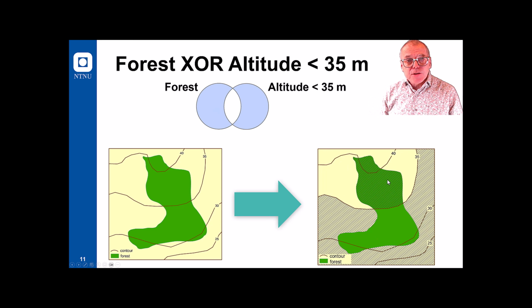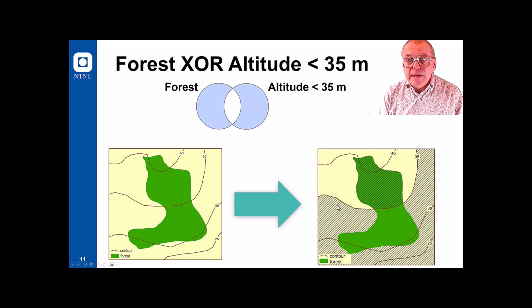The next, XOR, exclusive OR, the one set or the other set, but not the part where they have in common. Then we have the forest and we have the altitude, and please note that here we use less than and not larger than. So here we are looking at altitude lower than 35 meters.